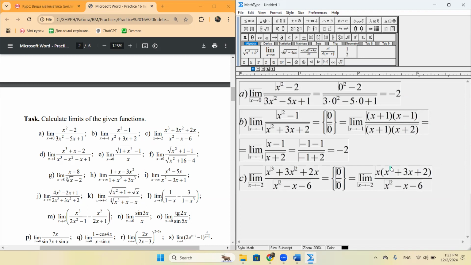So this is what we have, and continuing factorizing. Basically, roots of square equations.